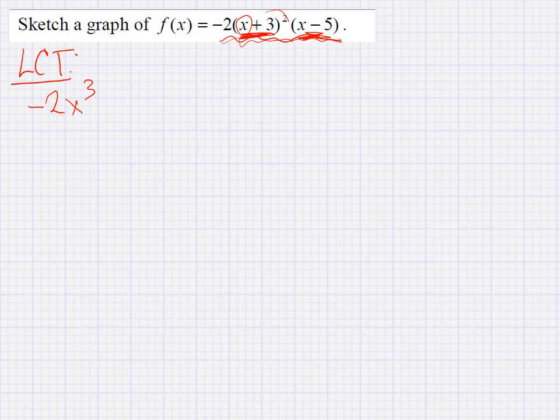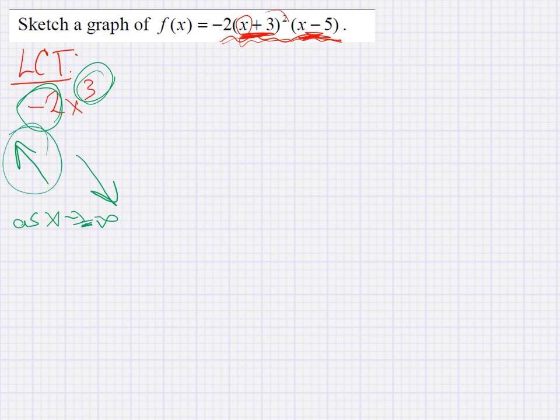So notice I have an odd power and a negative coefficient. So that would put me in this scenario. As x goes to negative infinity, which is on this end, y is actually going to positive infinity.